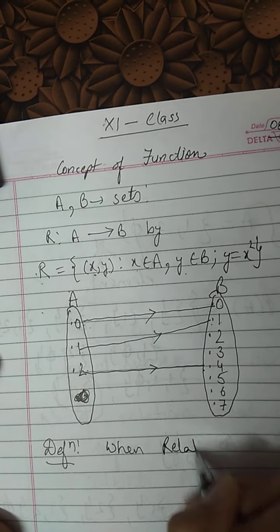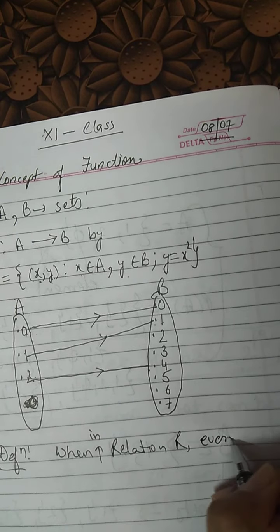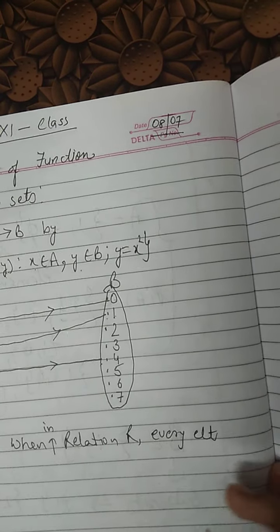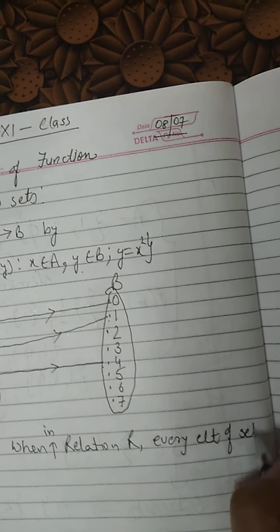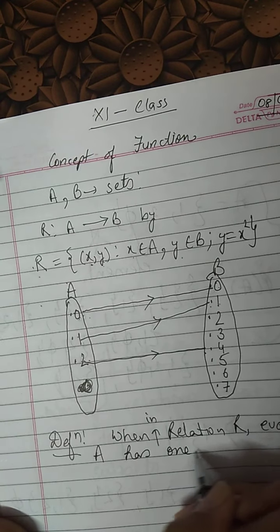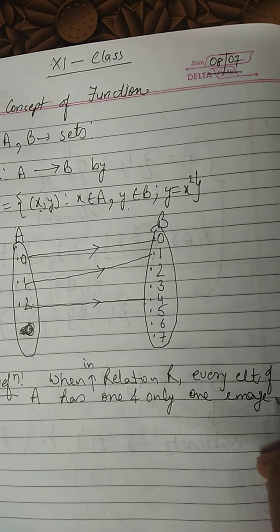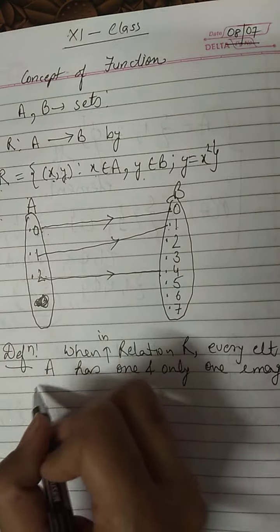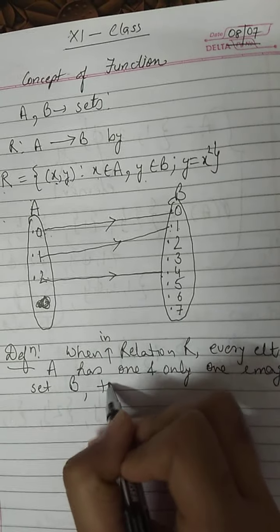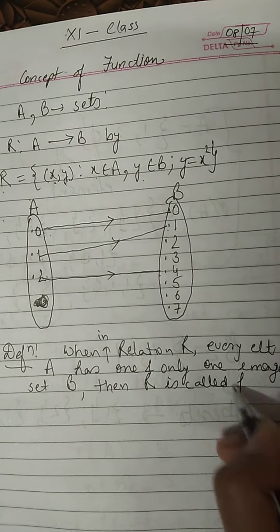When in relation R every element of set A has one and only one image in set B, then R is called a function.